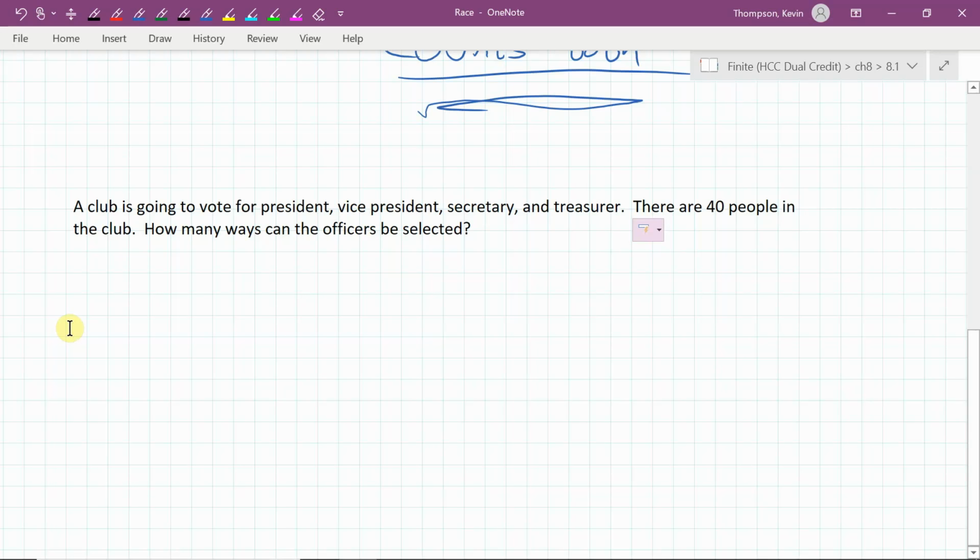So there's 40 people. Again, this should conjure an idea of permutation. What about this is order matters? What do you see in the question?